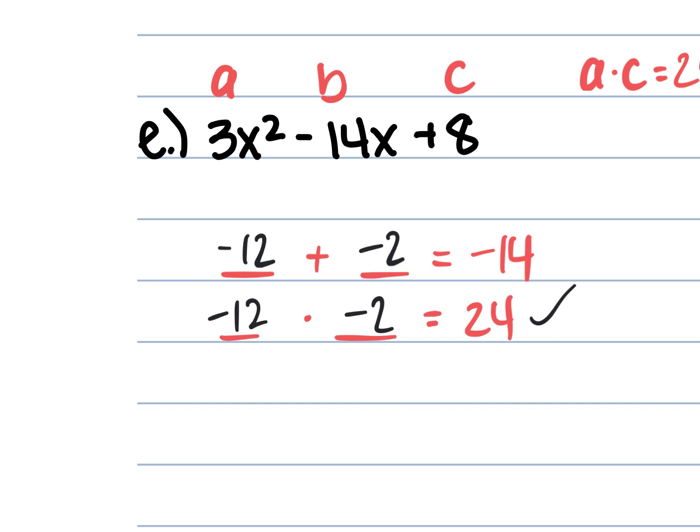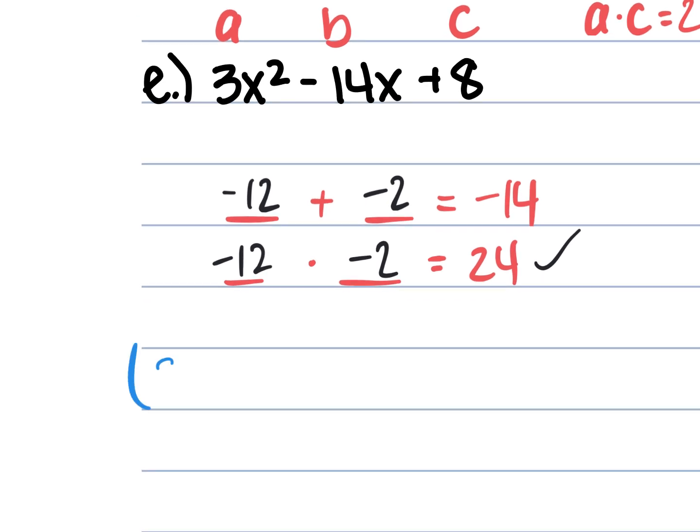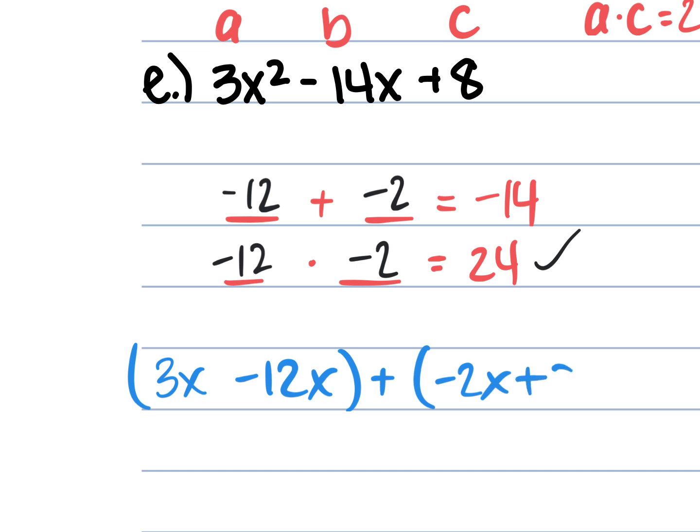Okay, go for it. You have 3x squared minus 12x, and parentheses plus negative 2x plus 8. What do I do next?